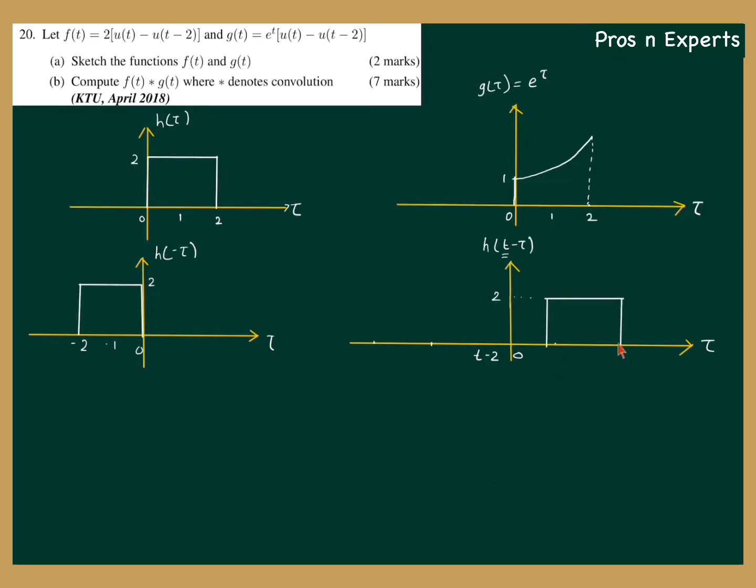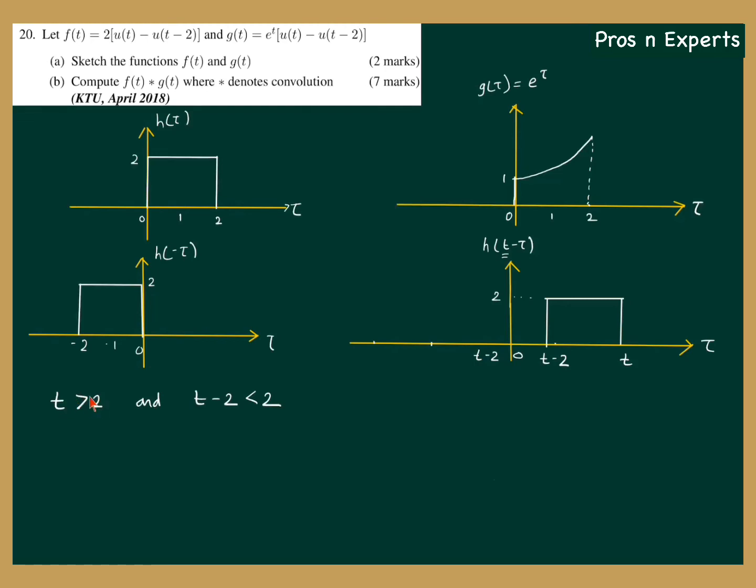Okay, so how can you write it? This is such a case, right? The leading edge is out of g of tau now, but the trailing edge is inside g of tau. Leading edge is t and the trailing edge is t minus 2. How can you write this condition mathematically? Now the leading edge t is greater than 2 and the trailing edge is less than 2.